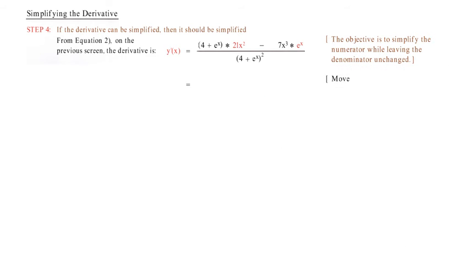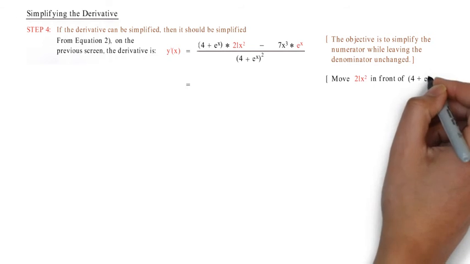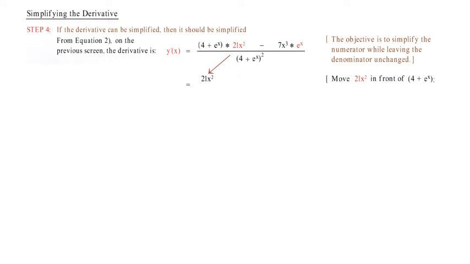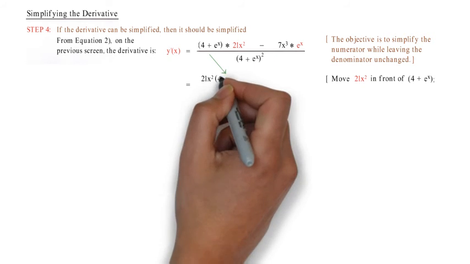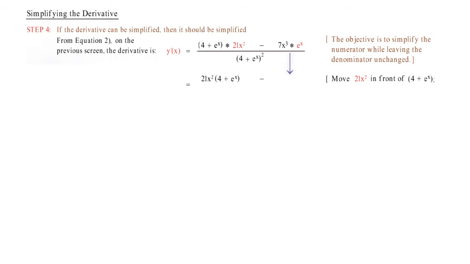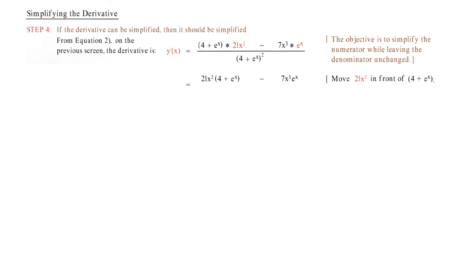Equals. Move 21x squared in front of 4 plus e to the x. 21x squared times 4 plus e to the x, minus 7x cubed e to the x, divided by 4 plus e to the x all squared. Do not forget the denominator.